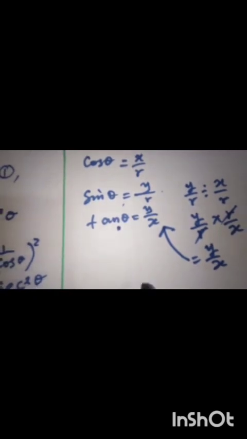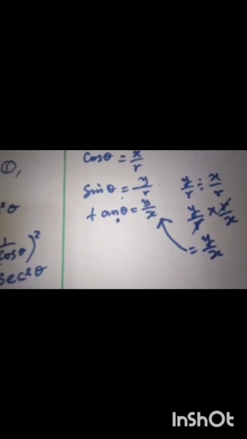That tells us that sine theta divided by cos theta is equal to tan theta. Likewise, cos theta divided by sine theta is equal to cot theta. Take note that we have 3 basic trig ratios: sine, cos, tan.